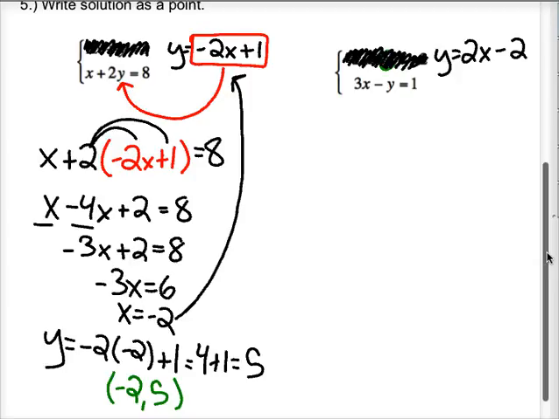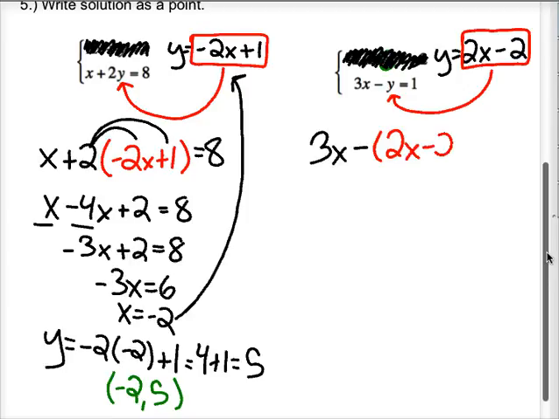And now again, it's exactly the same steps as what we did in the previous lesson. I'm going to put a box around, I'm going to highlight the piece that I'm going to be substituting, the piece that equals that lone variable, and now that is what I'm going to be plugging in. I'm going to rewrite my second equation using that 2x minus 2.